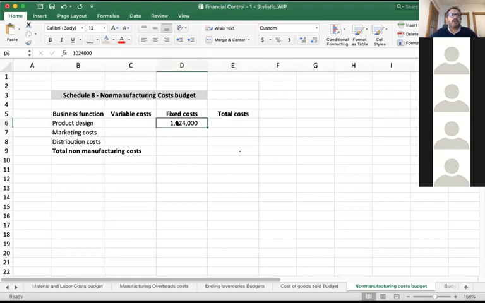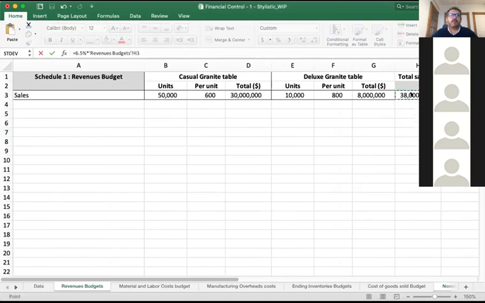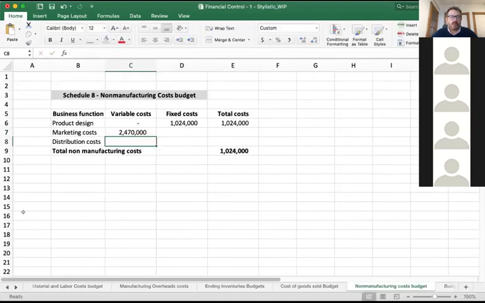So there is no variable part, so it's 1.24 million. For the marketing costs, they say the variable part is 6.5% of the revenues. So it's just 6.5%, and then I go to the revenue budget. So this one, 2.47 million. And the fixed part is 1,330.